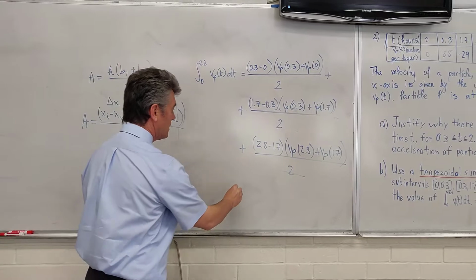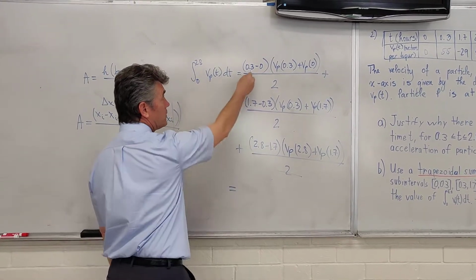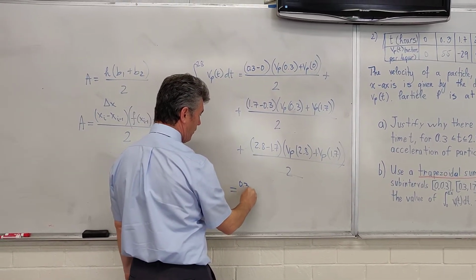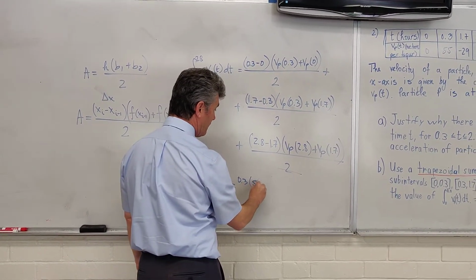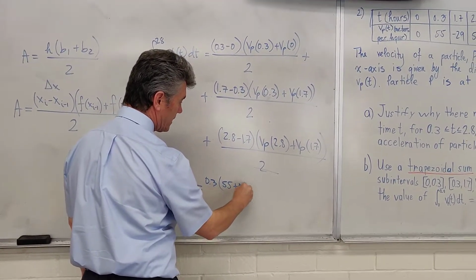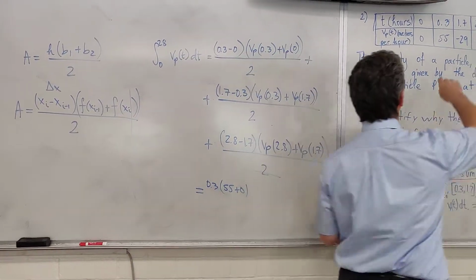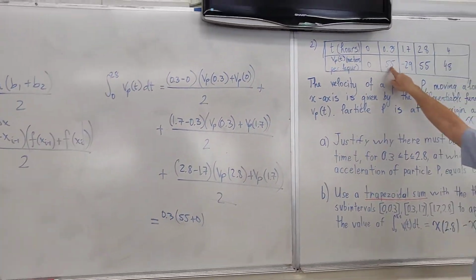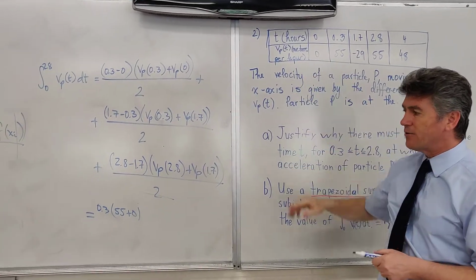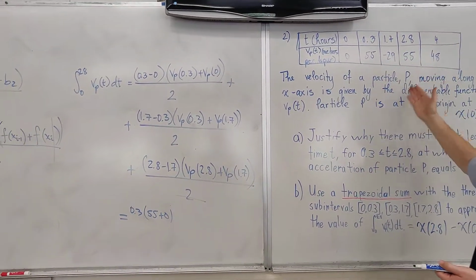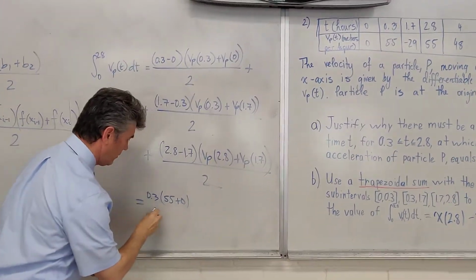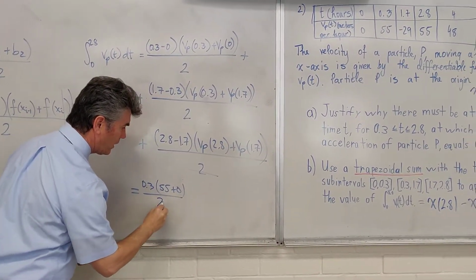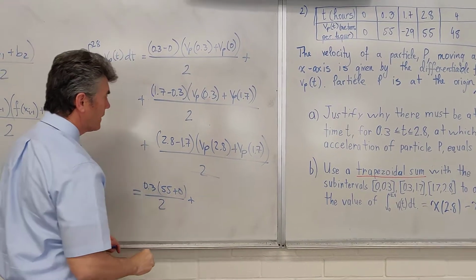Let's continue. The first one is 0.3 times 55 plus 0. So v of 0.3 is 55, v of 0 is 0. I'm not going to point to the table every time I do something. You can go back and check.